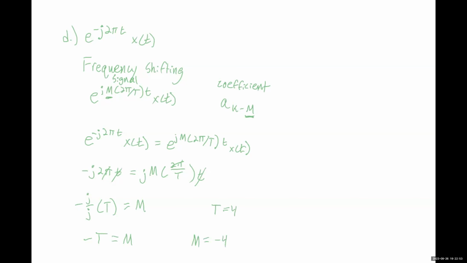So now we can define our a prime of k is equal to a of k minus 4, or a of k plus 4. So we have our a prime of k is equal to a k plus 4.